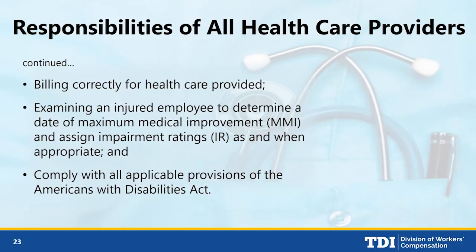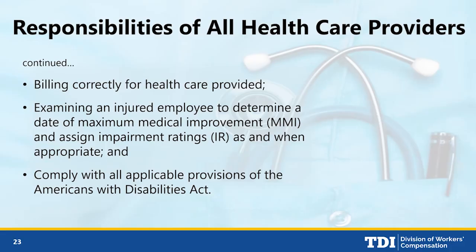So usually claims have this date, this milestone of maximum medical improvement documented. And if there's any lasting damage or harm to the person's body, then an impairment rating can be assessed. If it's a minor injury, they may not have that documented.